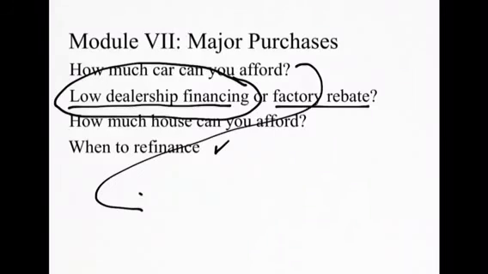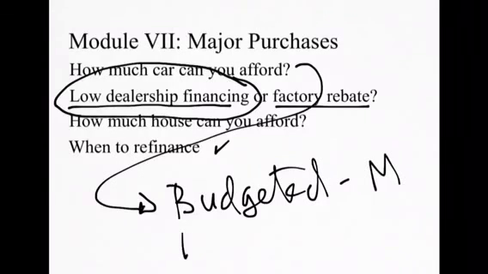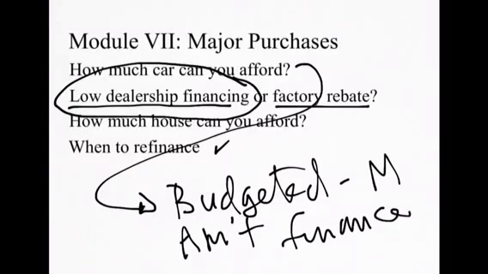You subtract maintenance from the amount that you have budgeted, and that will give you the amount that you can finance. Once again, this issue is illustrated in the problem, How Much Car Can You Afford?, in the lecture notes in Module 7.